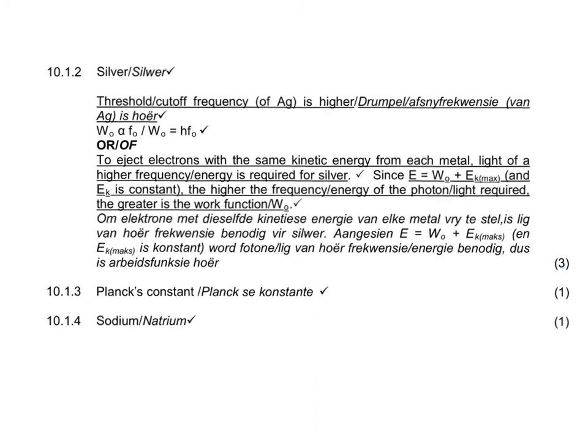Another way of answering this is to say, to eject electrons with the same kinetic energy from each metal, light of a higher frequency or energy is required for silver. Since the energy of the photon equals the work function plus the maximum kinetic energy, and the kinetic energy is constant, the higher the frequency of the photon light required, the greater is the work function.